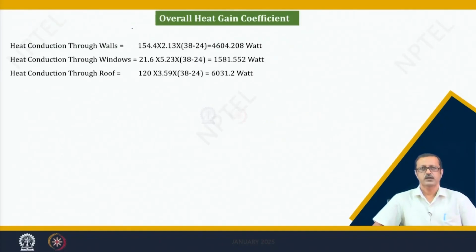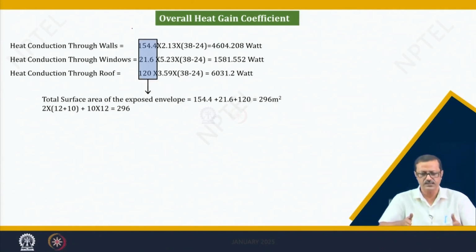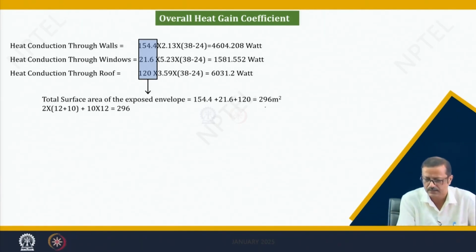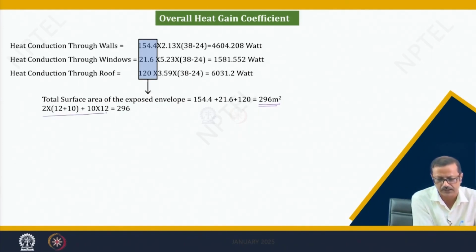Next is the concept of the overall heat gain factor. So, as we have just now calculated, the first these terms 154.4, 21.6, 120, those are the surface areas. If you add them, you will get 296, which is equal to the total envelope area.